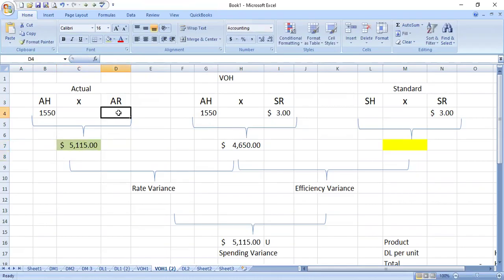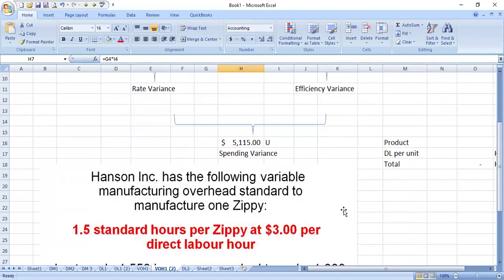So I can get my actual rate: $5,115 divided by 1,550 hours, and it's going to give me $3.30. As you can see, the variable overhead rate went up by 30 cents. That's obviously going to drive an unfavorable variance right away.